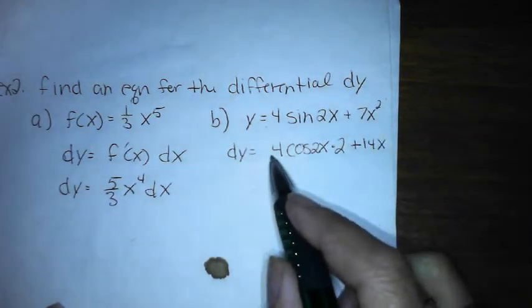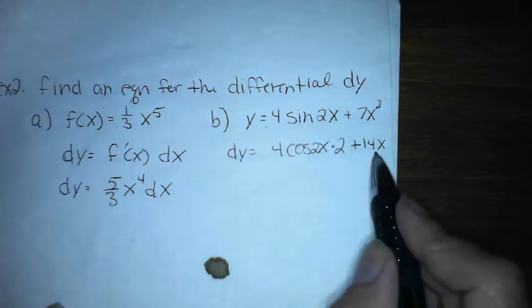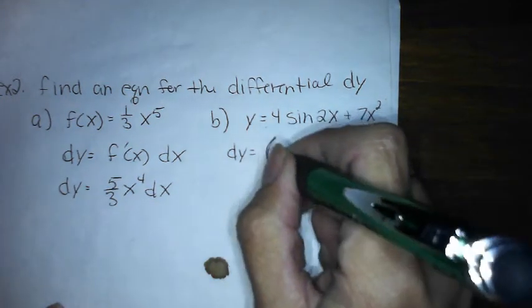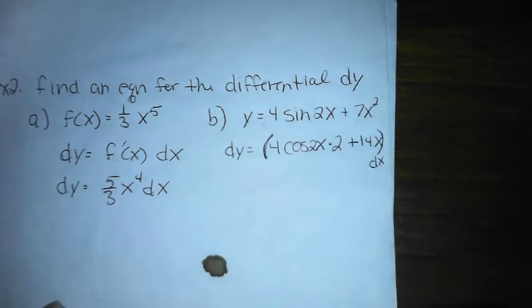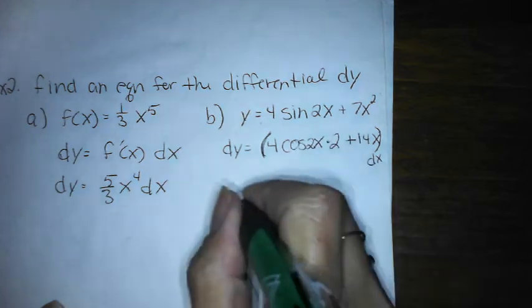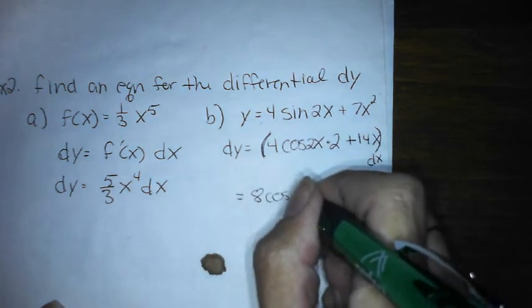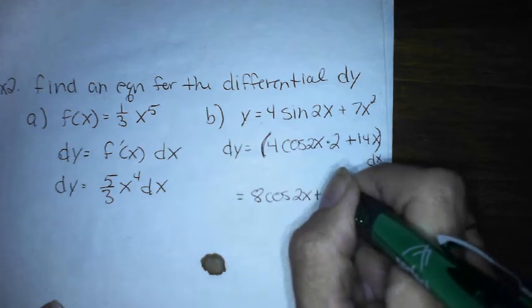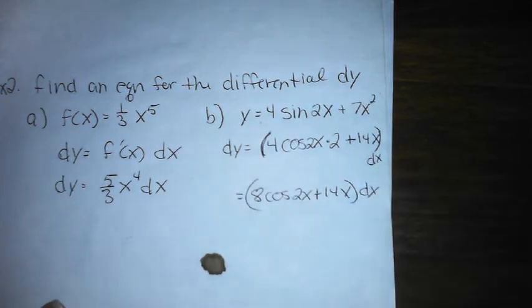And I've got to take the whole derivative and times by dx. Well, because there were two parts to the derivative, you have to have parentheses with a dx on the end. And the only thing I should do is simplify here. So I will have 8 cosine 2x plus 14x all times dx.